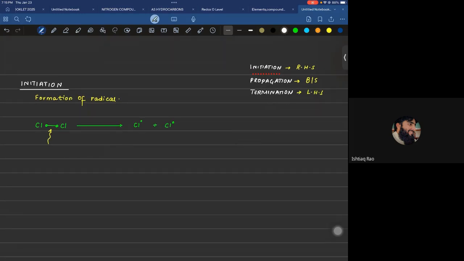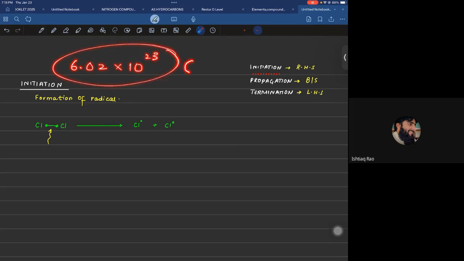Once the radical is formed, the chain reaction would start. It's called a chain reaction because you have a lot of methane molecules. It doesn't mean that if I write only one methane molecule, there is only one methane. No. We have this many methane molecules. This is Avogadro's number.